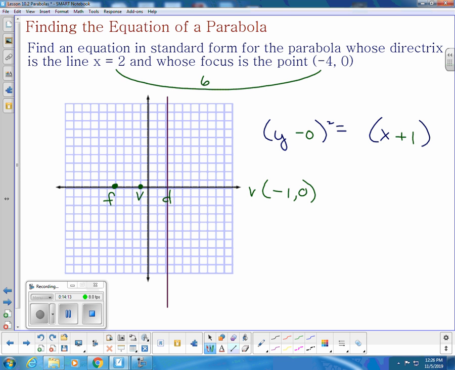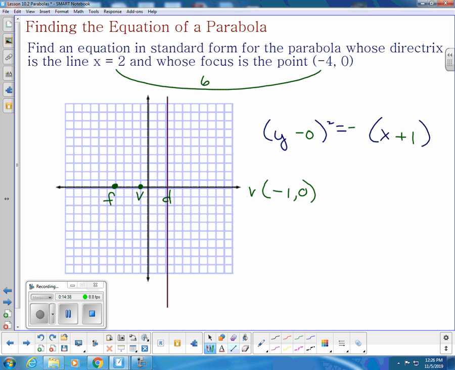Which way am I opening? Right or left? Look at the dots I've got graphed there. Does it open towards the focal point, yeah? So we're opening in this direction. Is it positive or negative? Negative. So see all the little clues? If you sketch it, you're going to start seeing it.